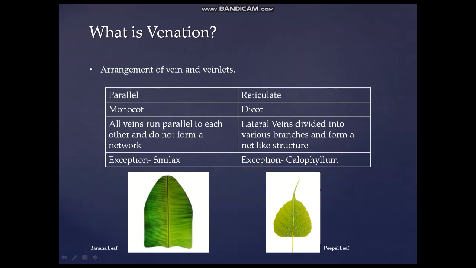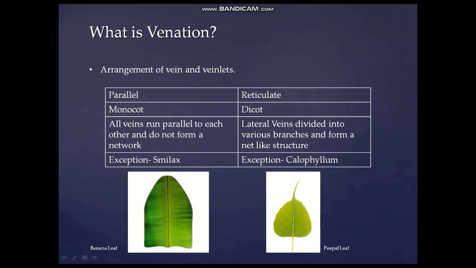In parallel venation, all veins run parallel to each other and do not form a network. It's found in monocot. In reticulate venation, lateral veins divide into various branches and form a net-like structure. But some exceptions are also there. An exception is Smilax.